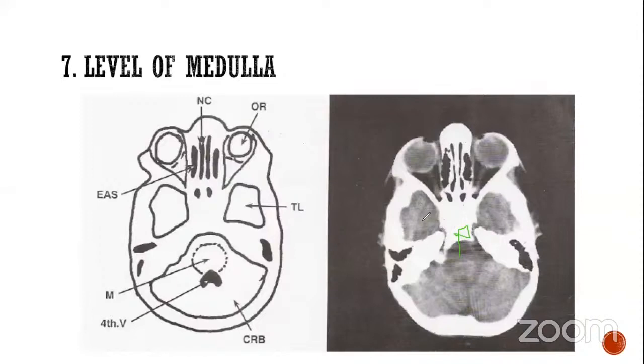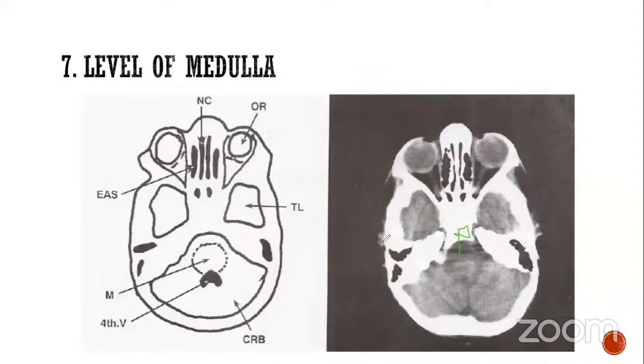That is the temporal lobe in the middle cranial fossa, and that is the cerebellum. This is the fourth ventricle, and in front of it is the medulla.